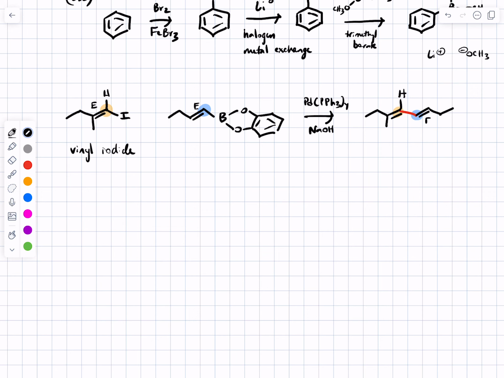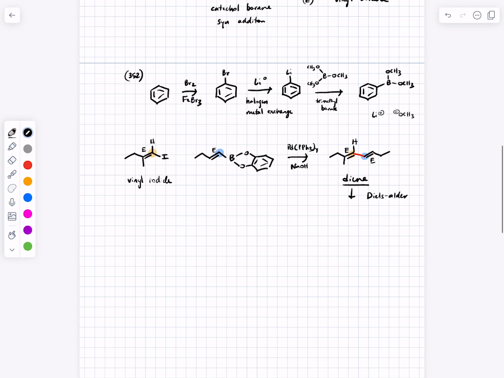And again, stereochemistry of the two vinyl groups is preserved in the product. Notice that this is one way you can make a diene. And of course, dienes are substrates for Diels-Alder reactions. So you can imagine synthesis questions where you would need to make the diene first via a Suzuki reaction and then go on to do a Diels-Alder reaction.